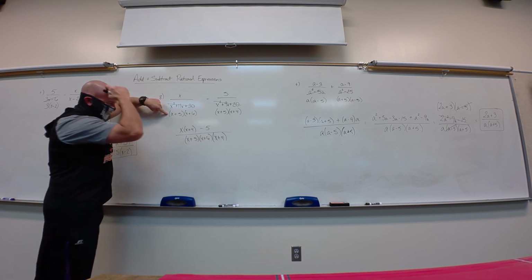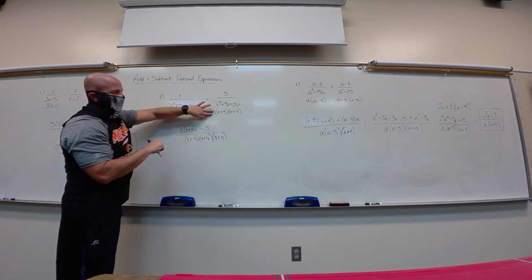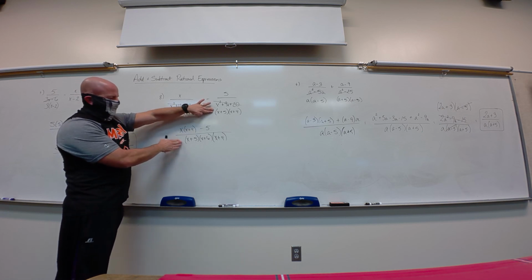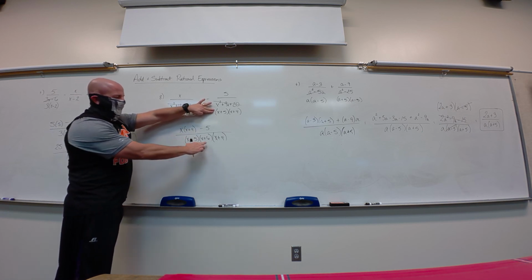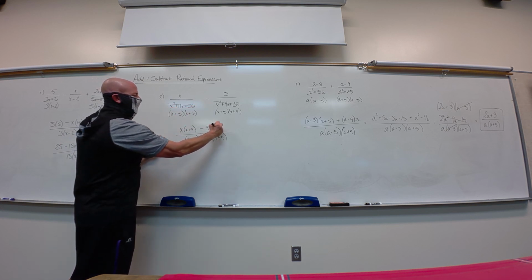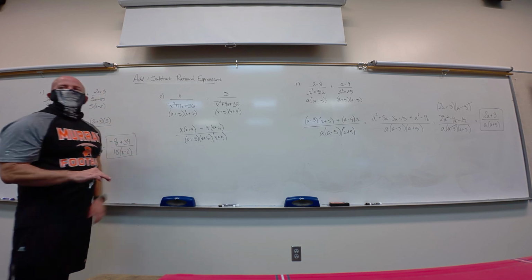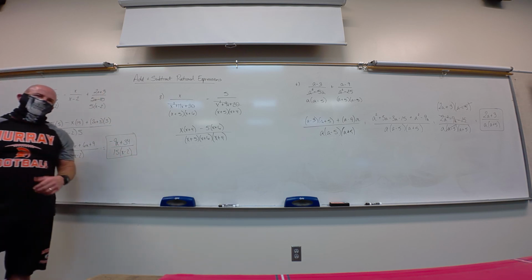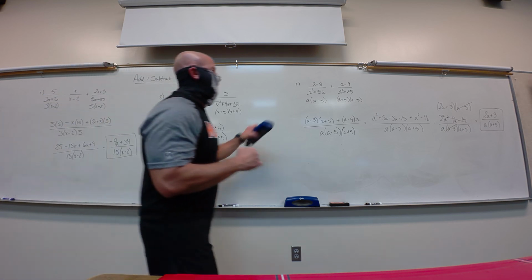Minus 5. Old, new. I'm looking at it. Wait, what's down here that's not up here? Well, the x plus 6. Everything else is putting it together and seeing if it simplifies. I've got the fraction built. I've done the subtraction process.